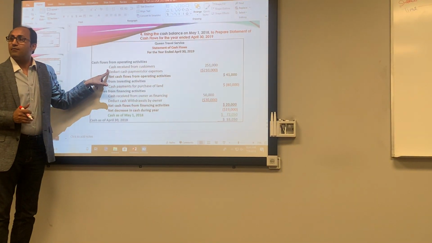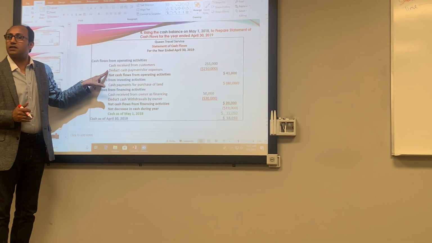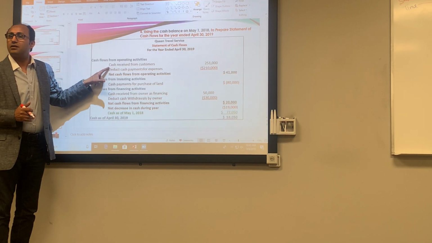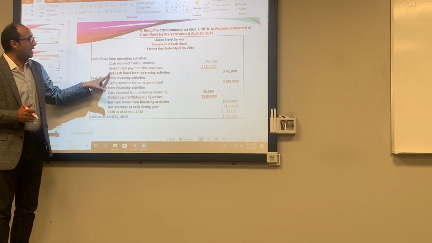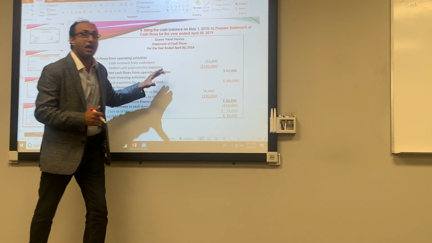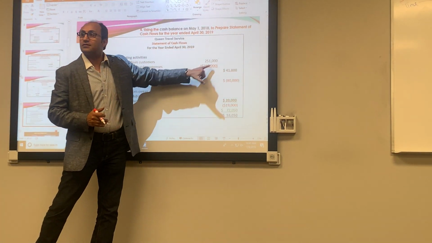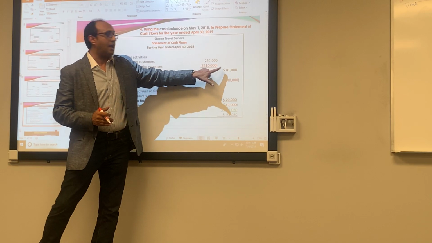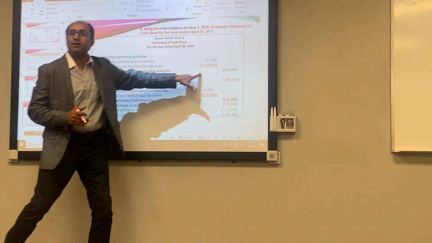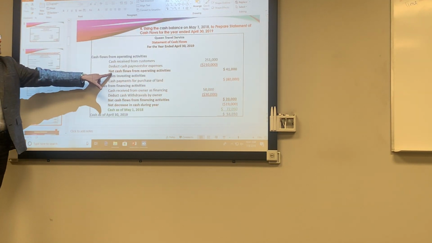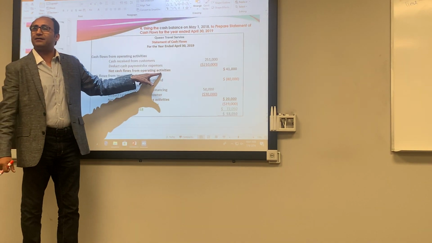See, operating activities, one section with two items. Net cash flow from operating activities after you subtract this number. I have here the total number called net cash flow from operating activities.